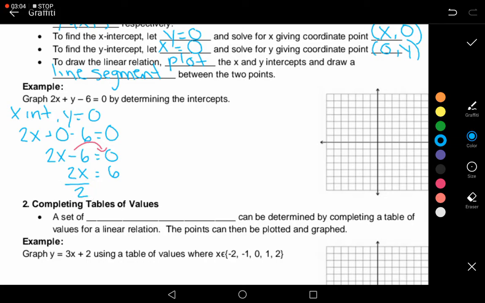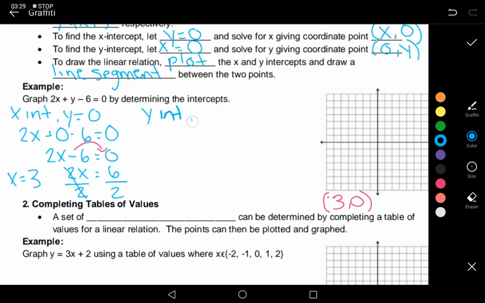So I'm going to divide by 2. What I do to one side, I have to do to the other. So I'm left with x equals 3. And if I'm writing that as a point, that would be 3, 0. So that is our x-intercept. We're halfway there. We just have to find our y-intercept now.